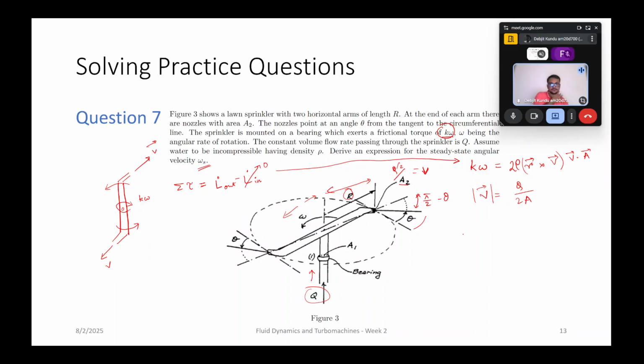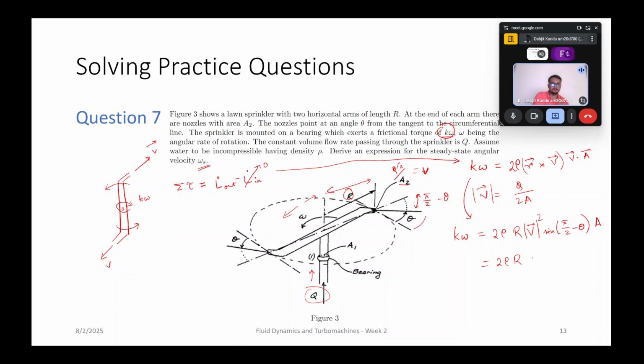And while doing R cross V, K omega equals rho R cross V, so that would be R into this velocity V multiplied by sine of pi by 2 minus theta, which is cos theta, by the way. We will replace that soon. And there's another V over here, so V squared, and there's A. We'll write that A. It should again be equal to R V squared.